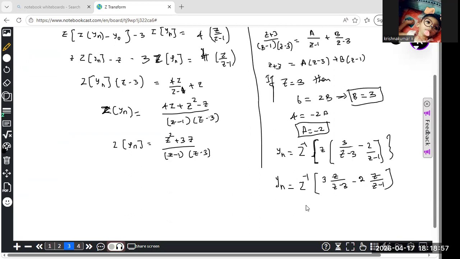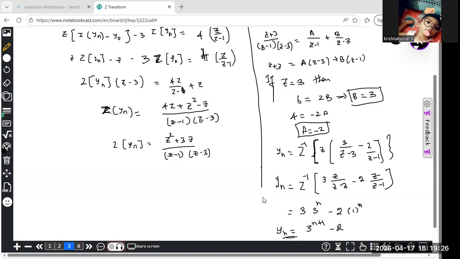Now you can take this inverse z transform: 3 times 3 power n, and here minus 2 and 1 power n. So therefore, this can be written as 3 power n plus 1, and this can be written as 2, because 1 power anything is 1. Okay, so this is the solution of this given difference equation.